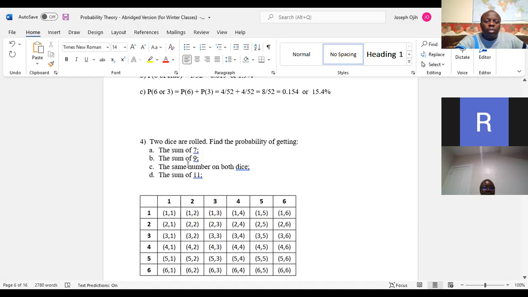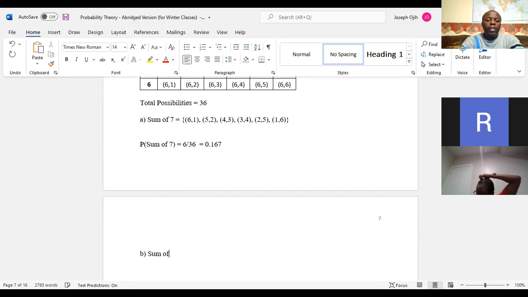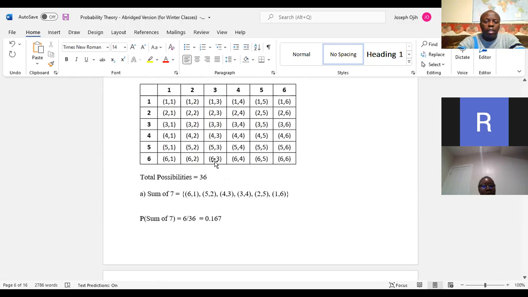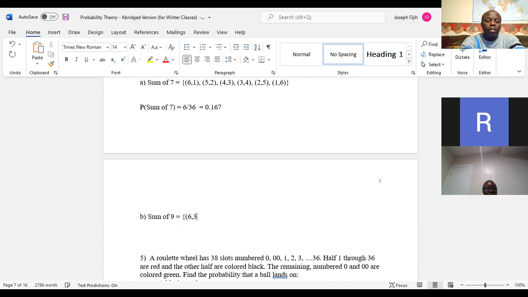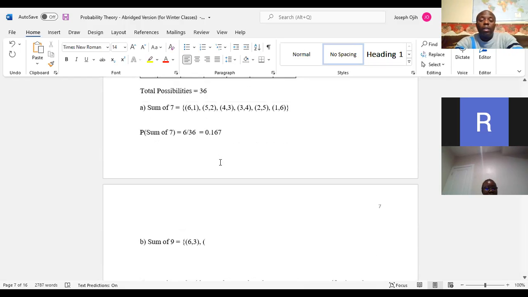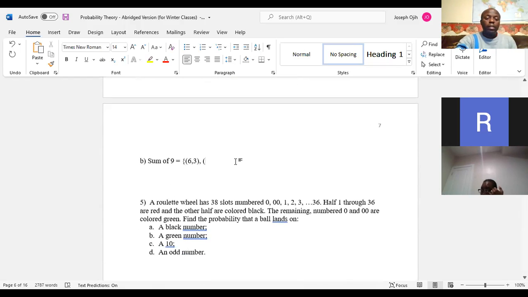Part B asks for getting the sum of 9. The sum of 9 possibilities are as follows. 6 plus 3 is 9, so 6, 3. Next, 5, 4 gives you 9.